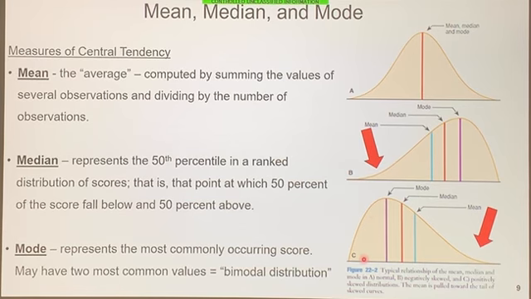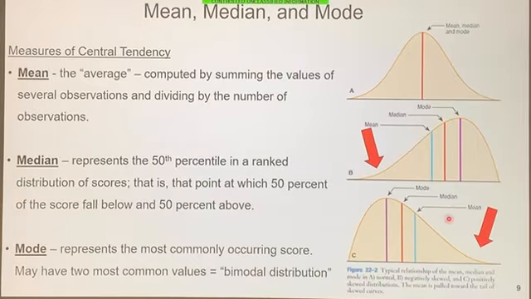Conversely, the positively skewed data is the opposite. There's a lot of positive value, so you have a positive tail to the right, and again, the mean, median, mode are split.